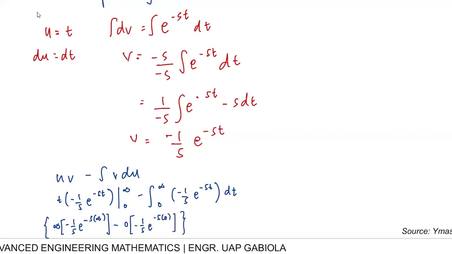Okay, so this is our first term. Minus, so here we see that we have a minus. So this is a coefficient or a constant. We can factor it out here, outside. So this will be positive 1 over s, integral from 0 to infinity of e^(-st) dt. Okay?